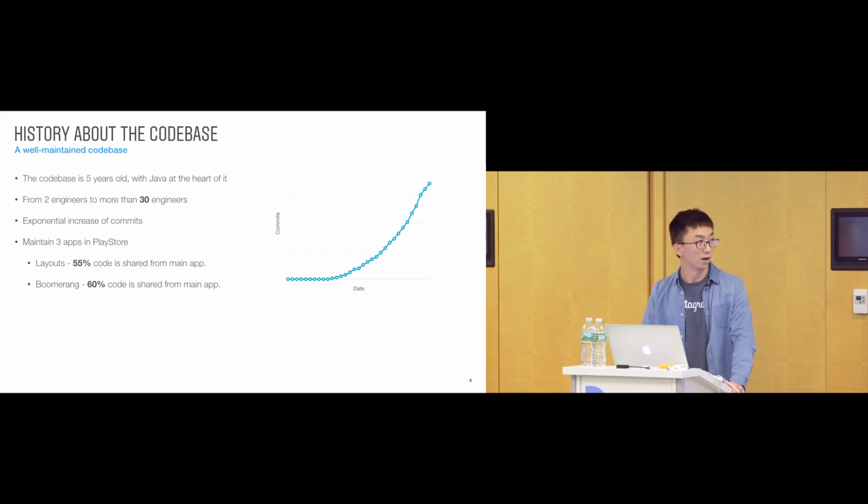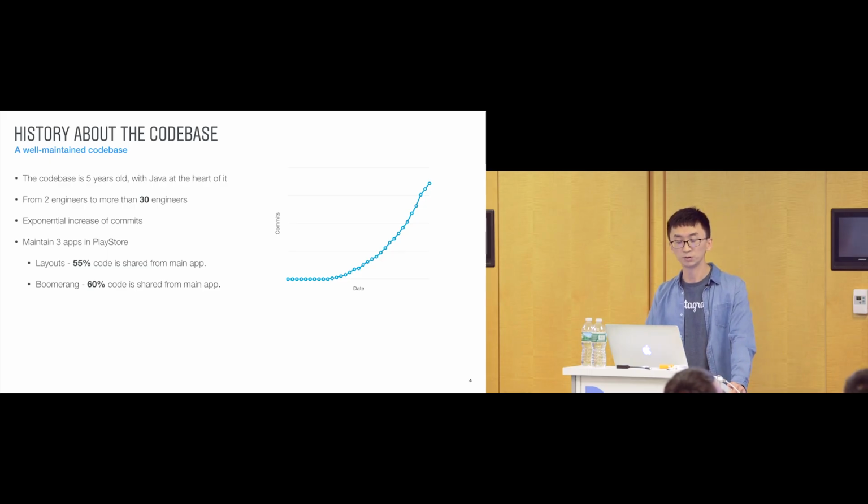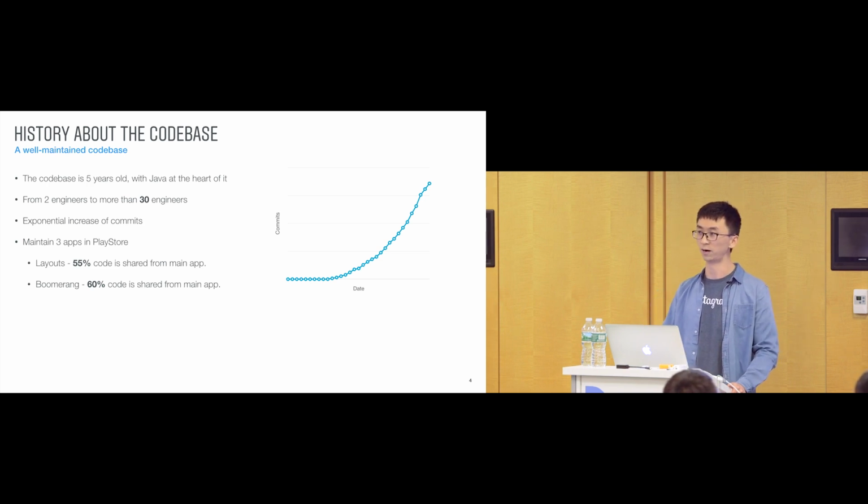I also want to mention that as the Instagram Android team, we do not only maintain the Instagram Android app, we actually have multiple apps on the app store. Right now in the United States, we have Layout, Boomerang, and Instagram on the market. The thing I want to point out here about the code base is that those small apps share a lot of code from our big Instagram mother app.